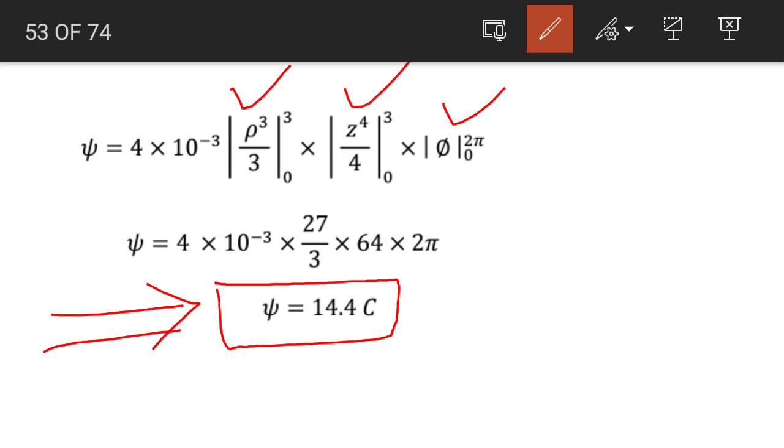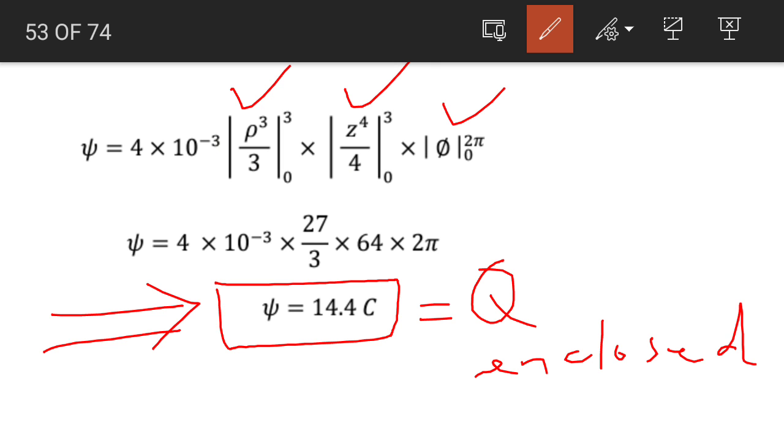So according to Gauss law, the flux passing through this closed surface in the outward direction will be equal to the charge enclosed by the closed surface. So this will be the charge enclosed by the closed surface, and this will be the flux passing through this closed surface in the outward direction as well.